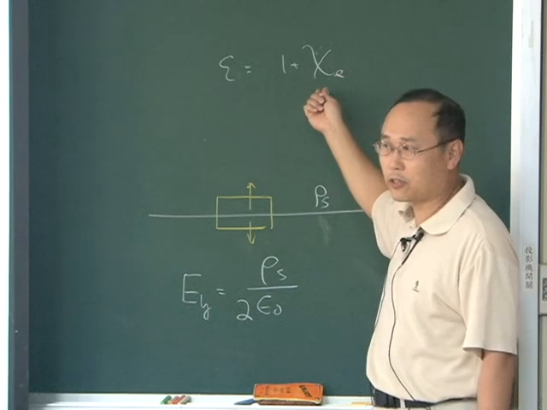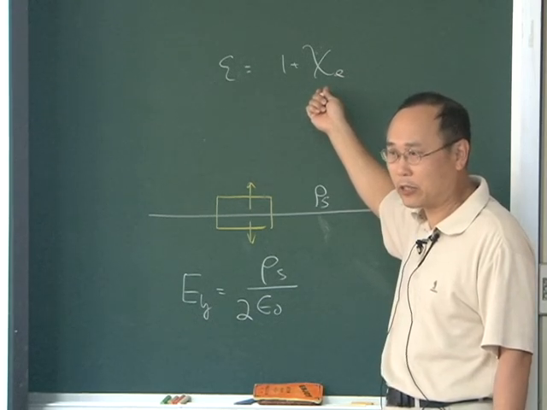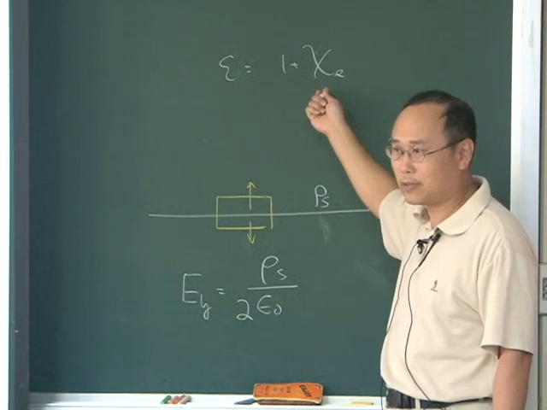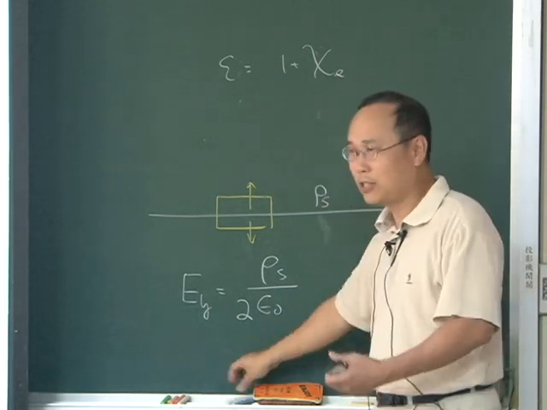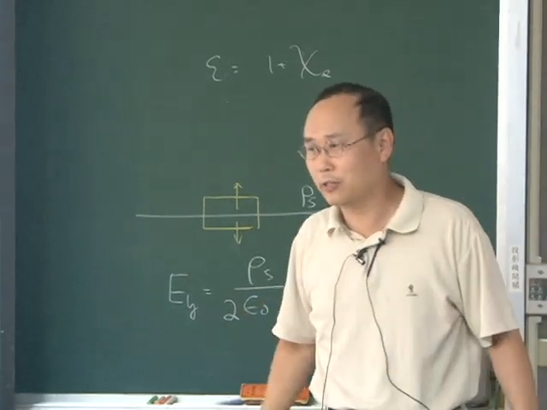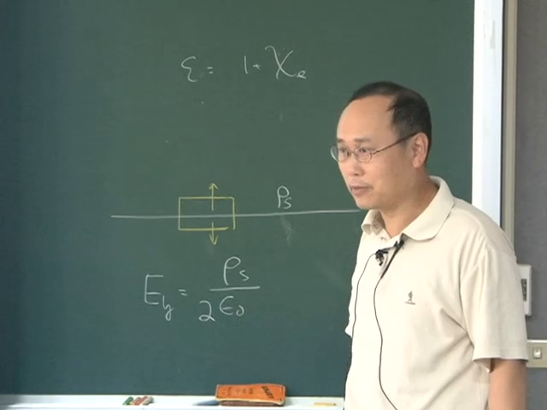This coefficient tells you how good you can separate charges in a piece of dielectric, right? So a big epsilon tells you that you can separate a lot of polarization charges in this dielectric material.